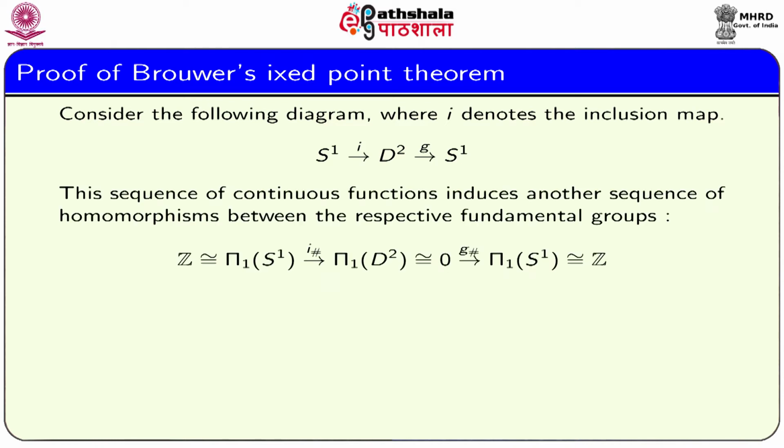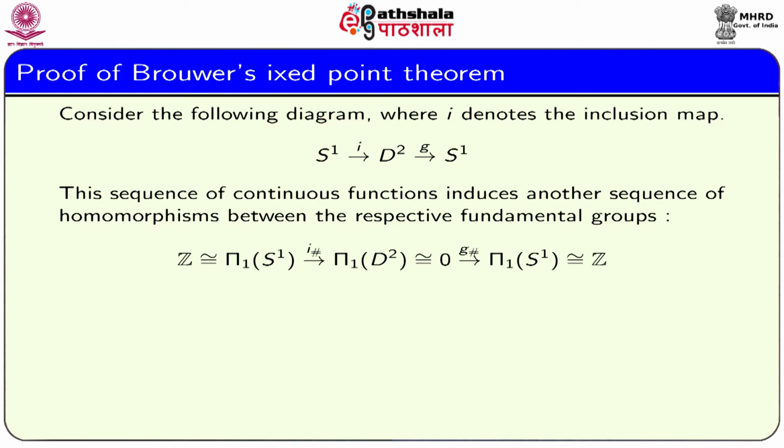So, this sequence of continuous functions induces another sequence of homomorphisms between the respective fundamental groups. So, this new sequence is pi 1 S1 to pi 1 D2, we have the corresponding induced homomorphism i sharp, and from pi 1 D2 to pi 1 S1, we have the induced homomorphism g sharp.